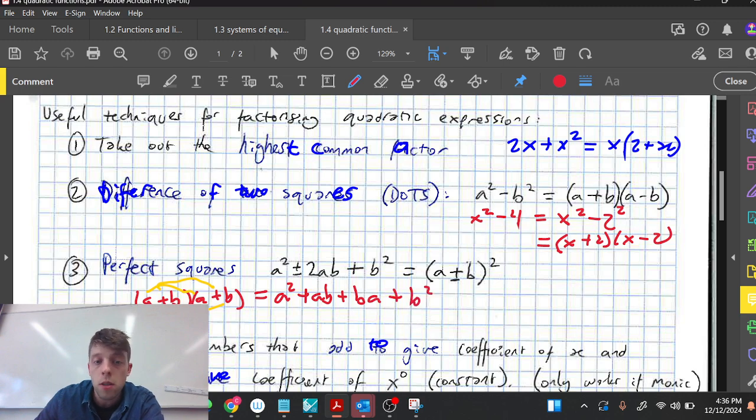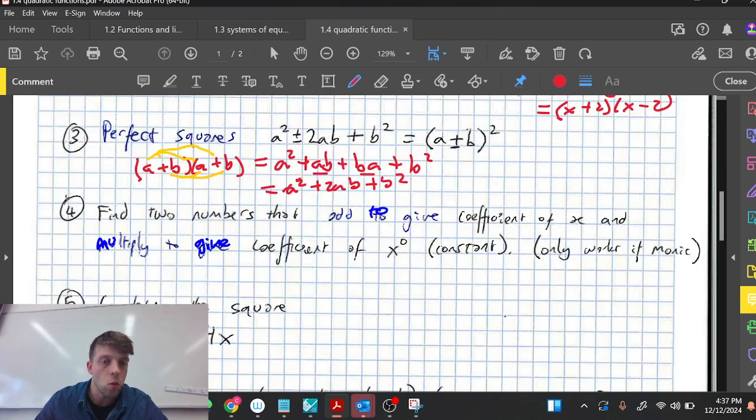Okay, now we notice these two terms are identical to each other, so therefore we can write this as a squared plus 2ab plus b squared. So that is how we would expand one of these guys here. And as you can see, it is not equal to a squared plus b squared. So do not make that mistake.